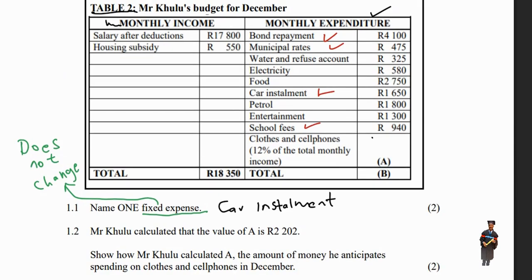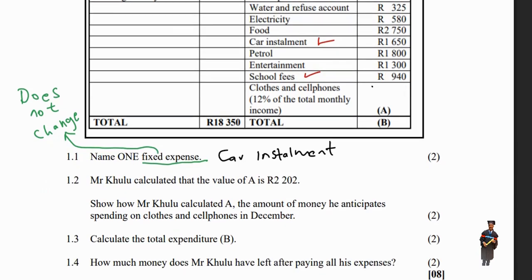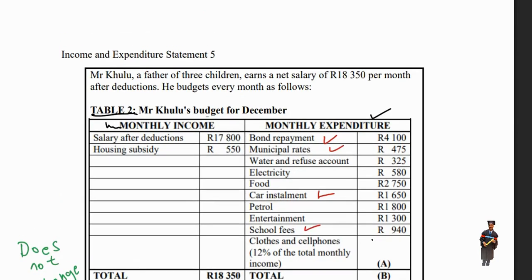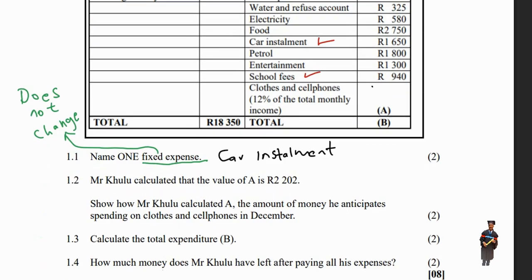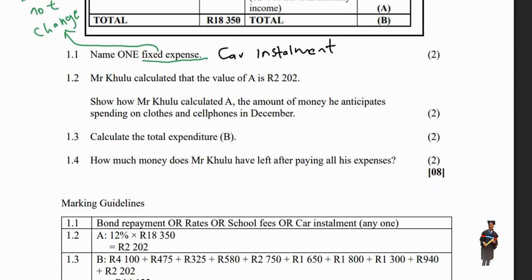We have already discussed how we are going to get the value of A. So let's do that. The value of A is actually 12% of the total income, and we have been given the total income. There is no need for us to add 17,800 and 550, because the sum is already done for us.